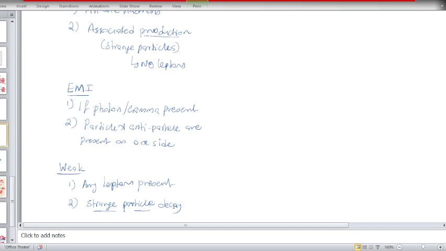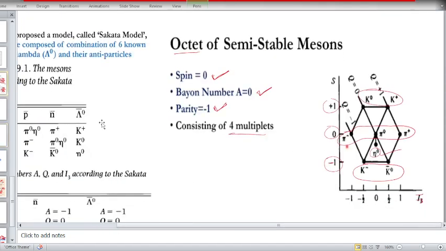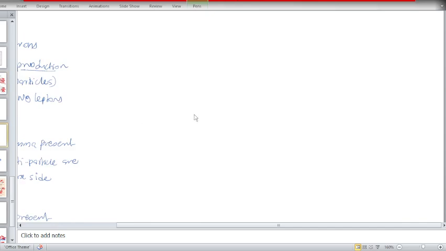Okay? So these are the hints corresponding to the types of different interaction. Sometimes they will ask in the exams. So in that case, you can answer by using this criteria.